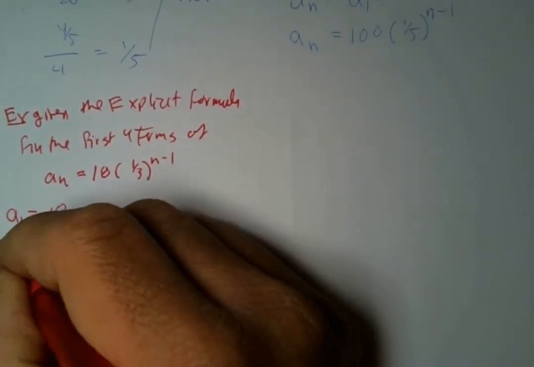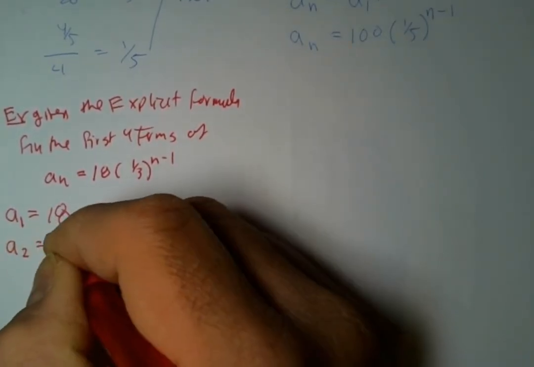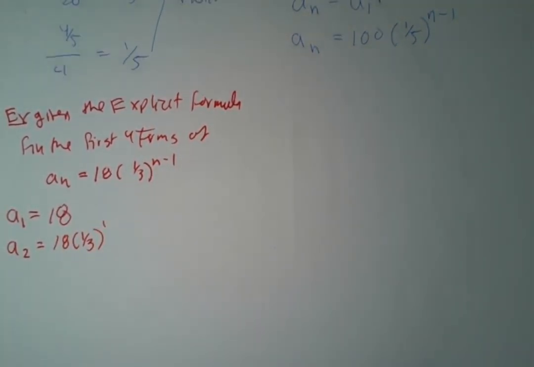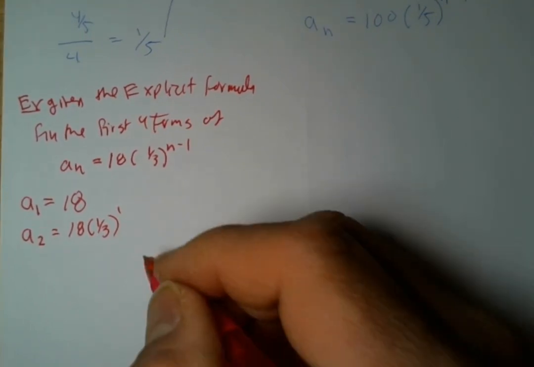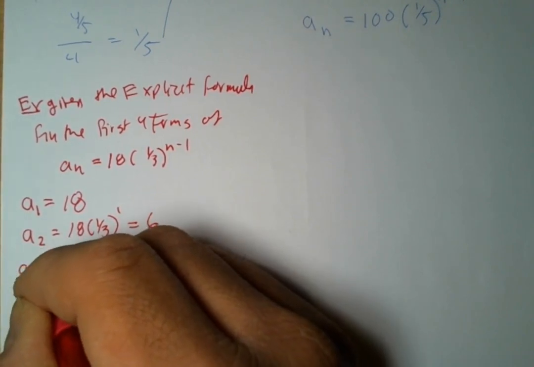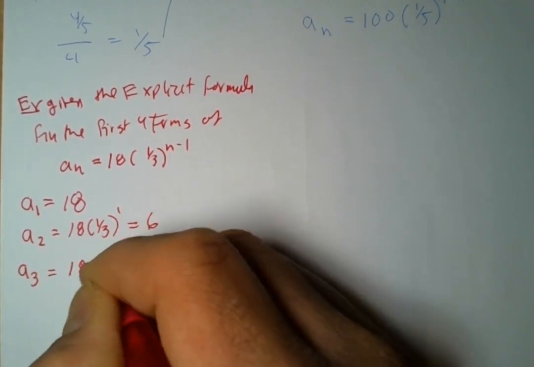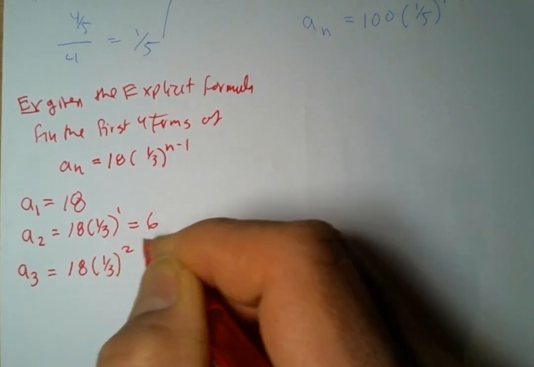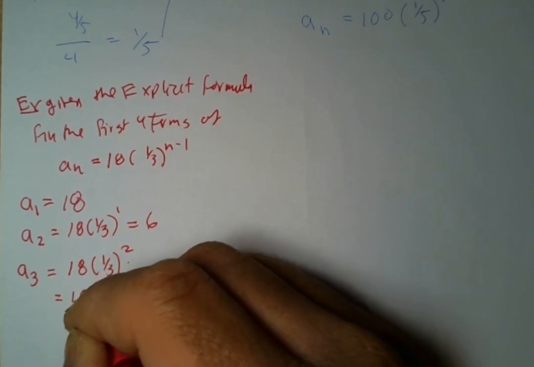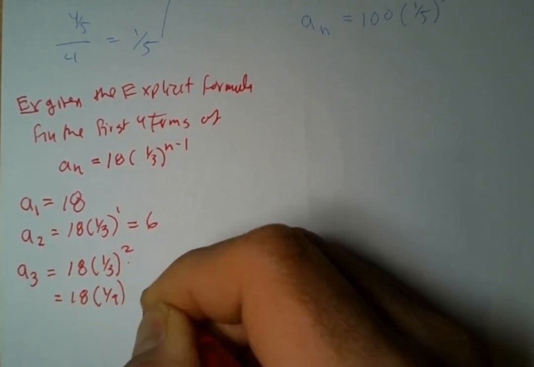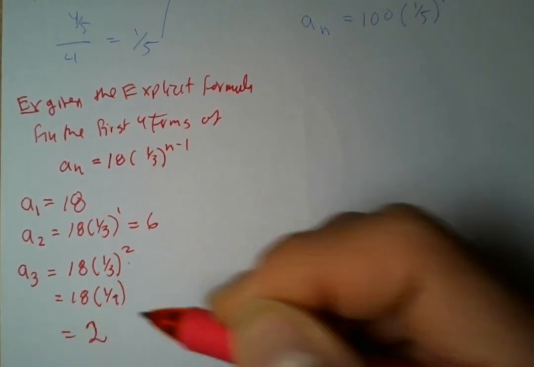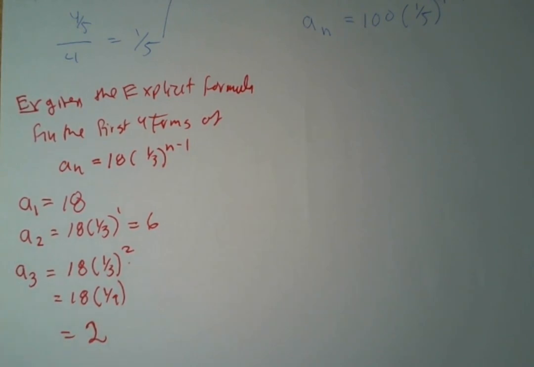When I plug in 2, we get 18 times 1/3 to the 2 minus 1, which is just an exponent of 1. So 18 times 1/3 is 6. A3: 18 times 1/3 squared. So 1/3 squared is 1/9. 18 times 1/9 is 2, so that's 18 over 9.